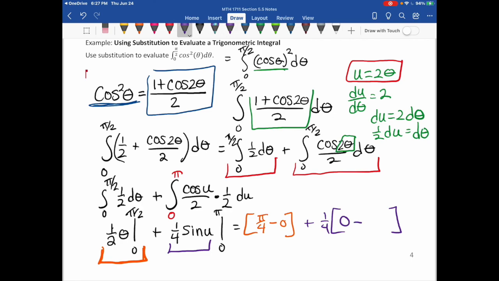The sine of pi is 0. And I'm going to subtract what I get when I plug in 0 for sine. The sine of 0 is also 0. So when I finish this up, I get pi over 4 minus 0, which is pi over 4, plus 1/4 times 0, which is 0. So my final answer is going to be pi over 4.